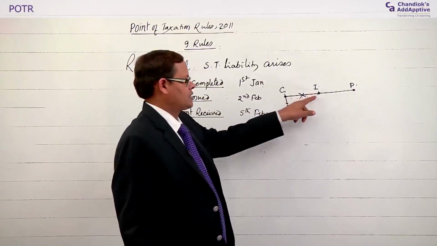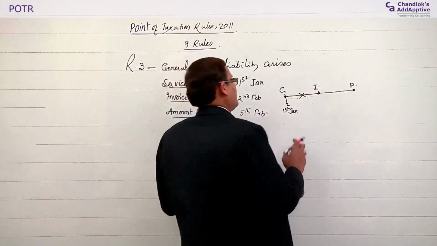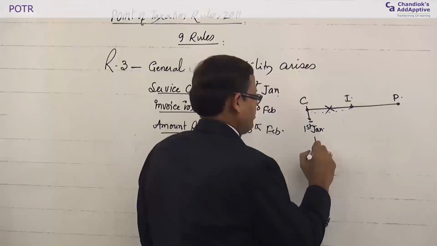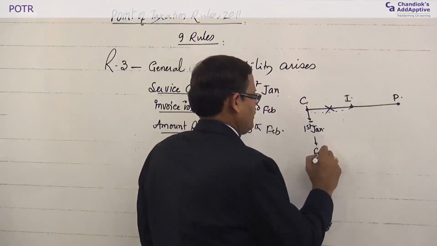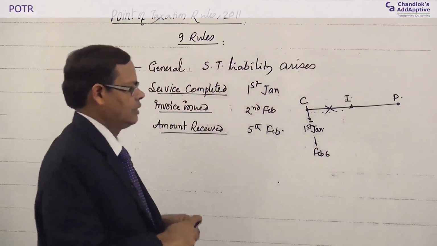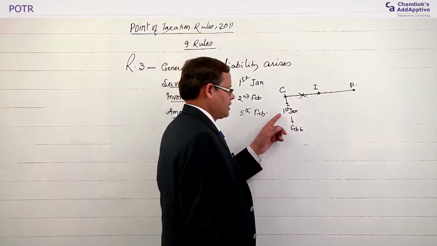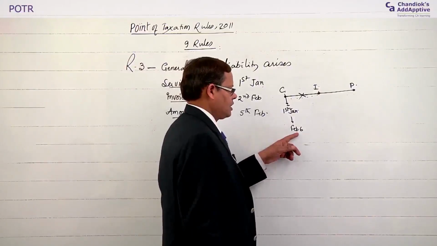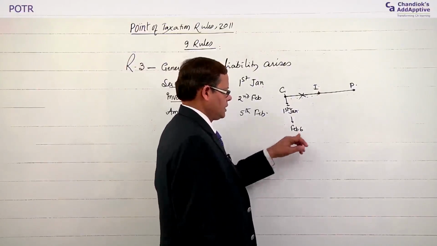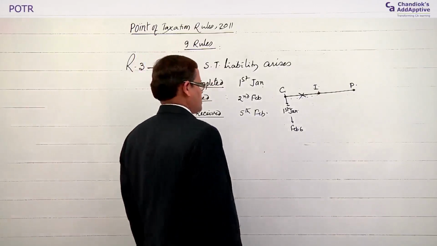So, here this grace period is lost, and because of this, automatically the due date will be February 6. The liability of January is to be discharged in the next month, that is February 6. Okay, this is the second situation.